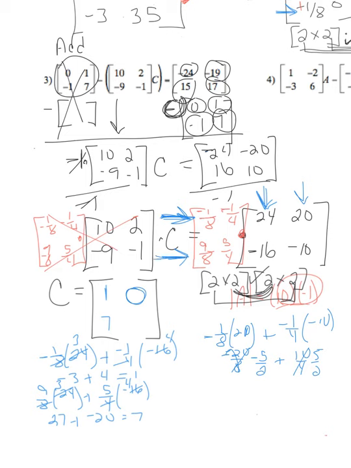And then the last one will be that row times this column. So 9/8 times 20 plus, no, not 9/8. Yes, 9/8, this one, 9/8 times 20 plus 5/4 times -10. Let's see what we get out of that.